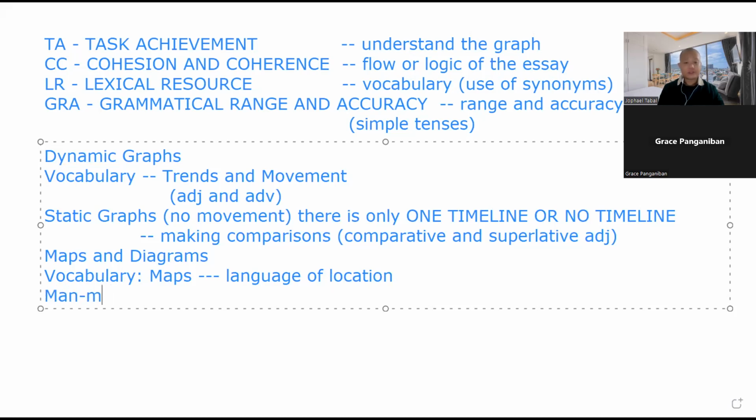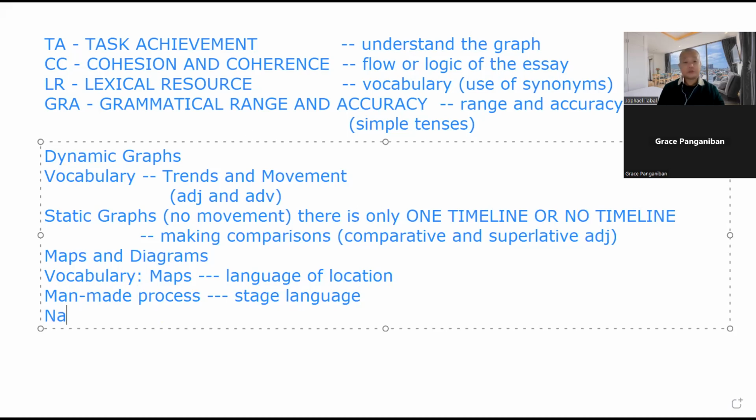For man-made process, there is stage language. For natural process, the language we use is mostly cause and effect vocabs, which we will learn not today, but later in this training.